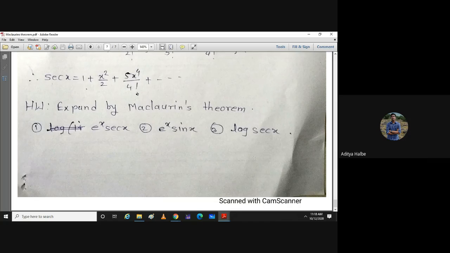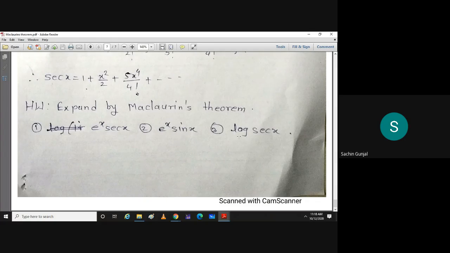Sir, can you repeat? I did not understand. Okay, fine. Instead of sec x, write its series expansion. So it will be log of 1 plus x square by 2 plus 5x raised to 4 by 4 factorial and so on. This whole term after the 1 you can consider as z, some other variable, say y or z.